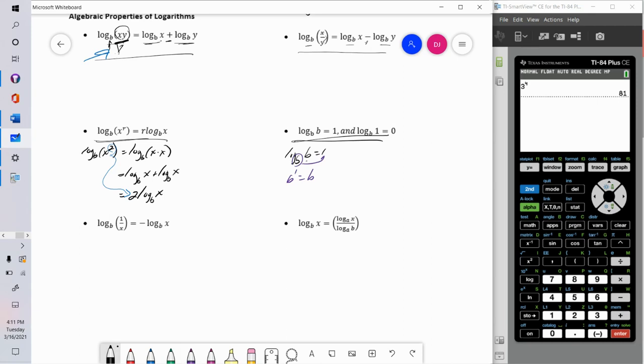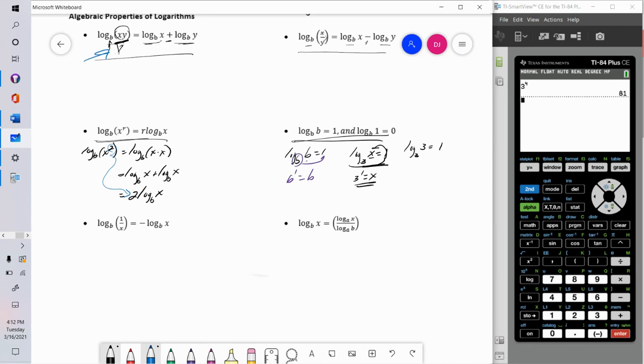Okay, the log base 3 of x is equal to 1 would tell me that 3 to the first equals x. I changed this from the logarithmic form back to the exponential form, so clearly this x would be 3. So the log base 3 of 3 is equal to 1. Okay, so there's a basic rule there.